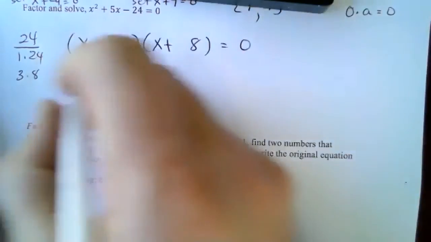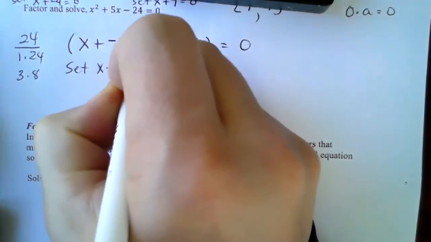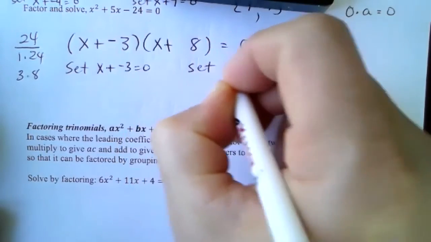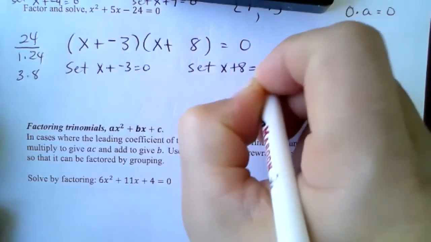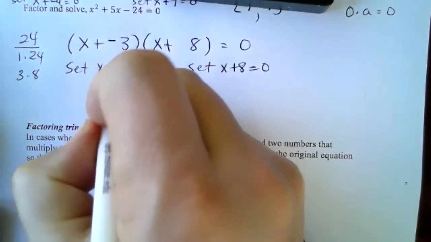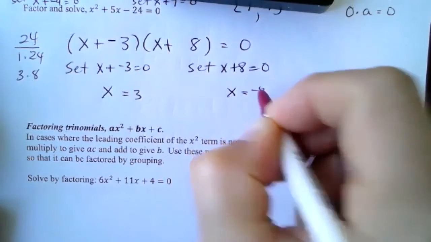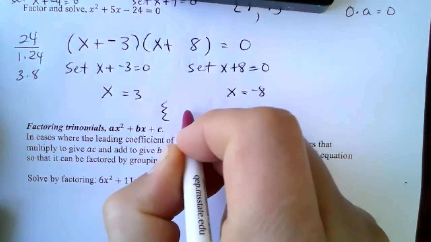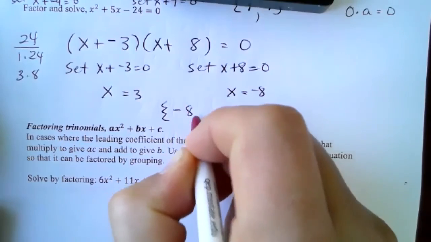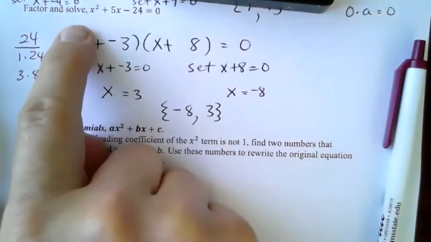So now we need to set x plus negative 3 equal to 0, and then set x plus 8 equal to 0. That's called the zero product property. And now our solution would be x equals 3 and x equals negative 8. The way I would write that would be negative 8 comma 3. And I can prove that to you by putting it in the graph.